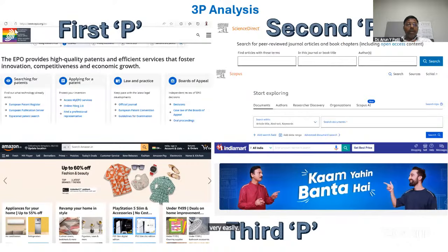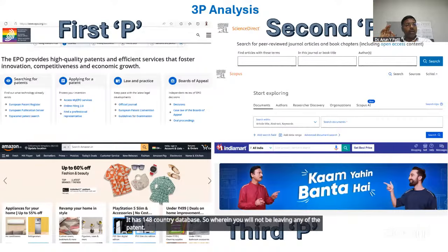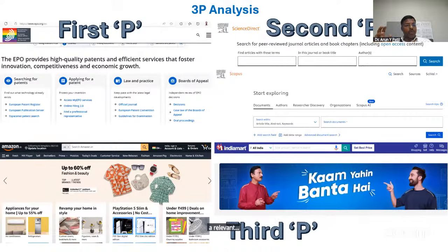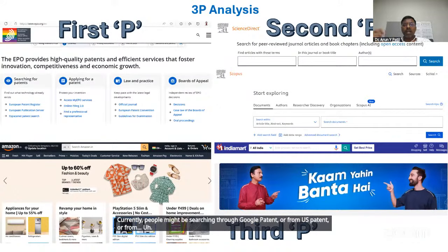This European patent is a must to search because it has a 148-country database, wherein you will not be leaving out any relevant patent from the source. Currently, people might be searching through Google Patents or US patents or Indian patents.